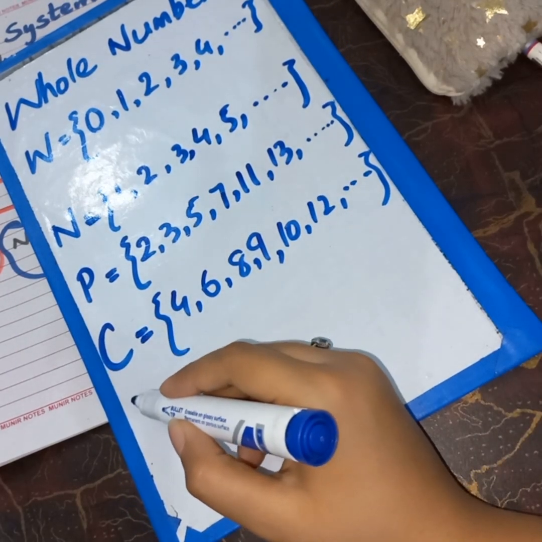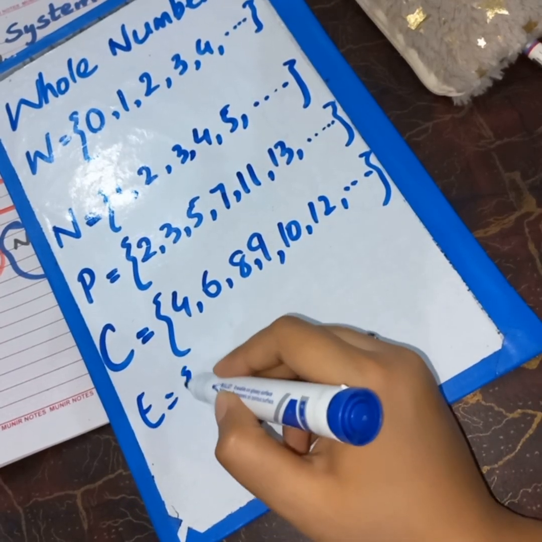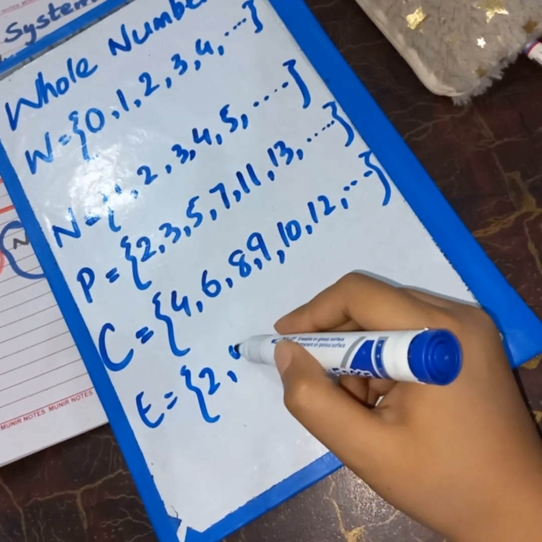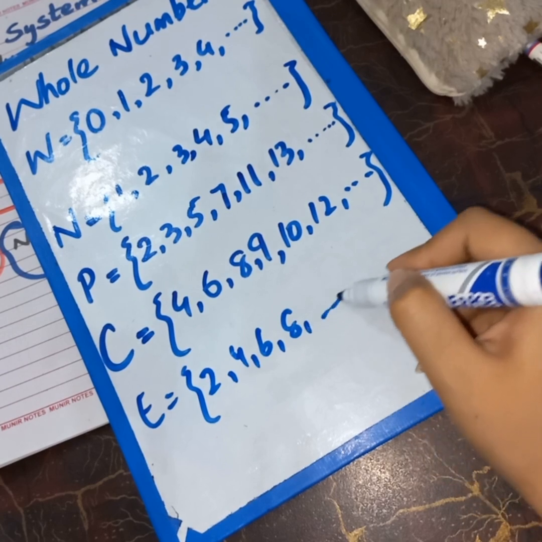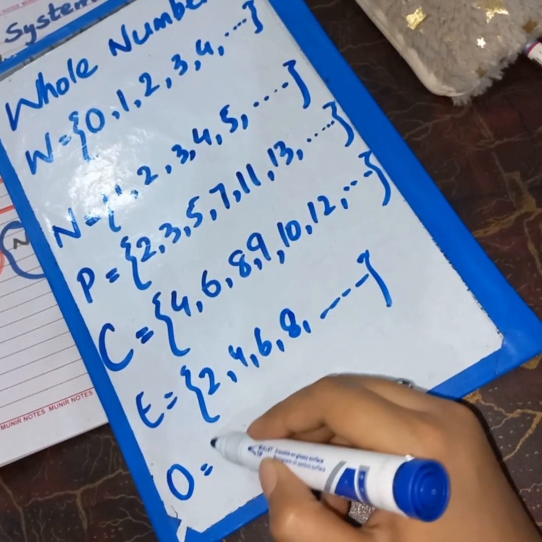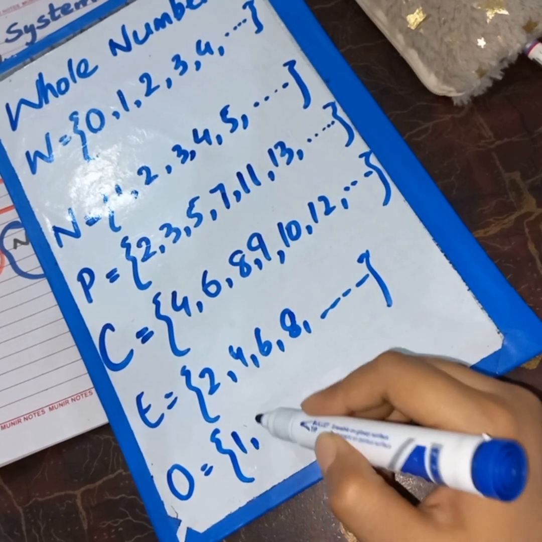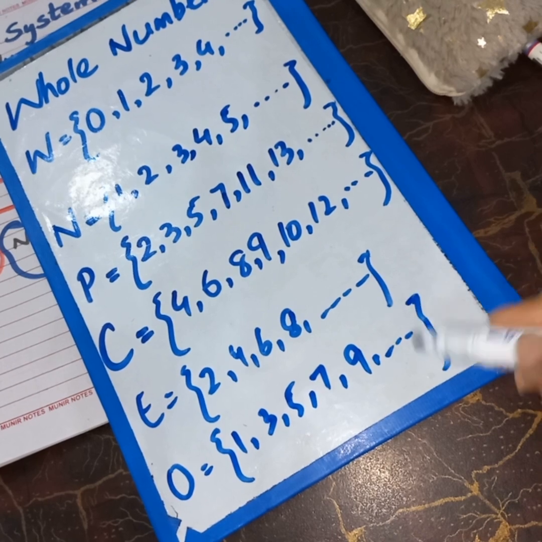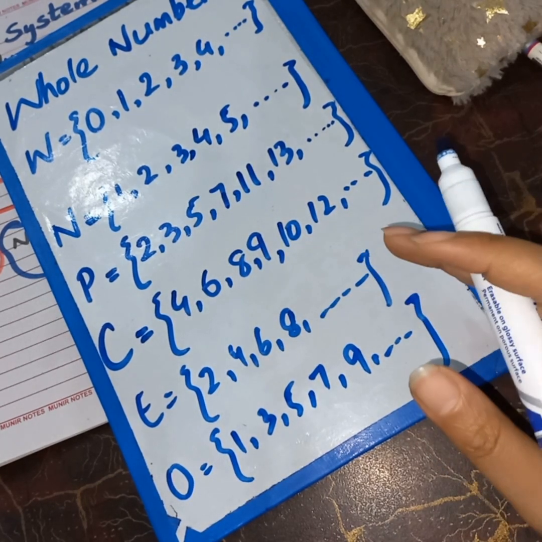Then furthermore, the even numbers are those divisible by 2, starting from 2, 4, 6, 8, and that is a highly common thing. Then the odd numbers are those not divisible by 2, like 1, 3, 5, 7, 9, and so on and so forth. So these are all the different types of numbers.